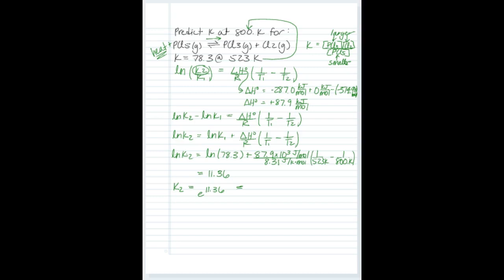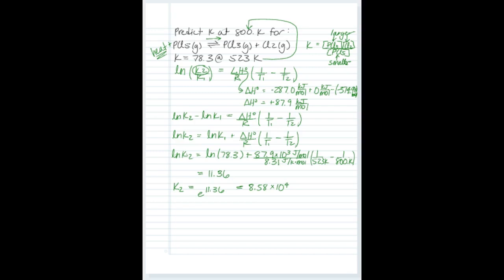Okay, so I get a rather large value. I'm going to write it in scientific notation, 8.58 times 10 to the 4th. And these K's are unitless, so I am done.